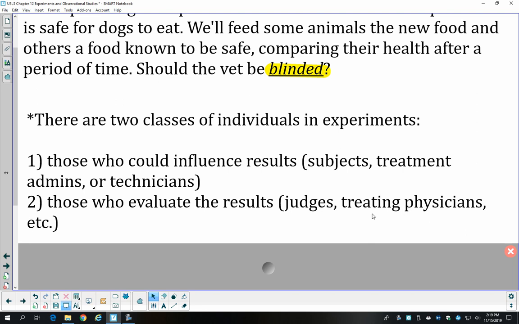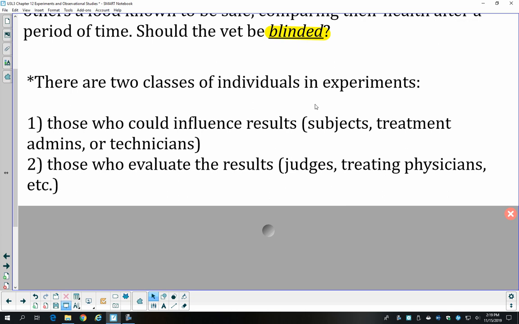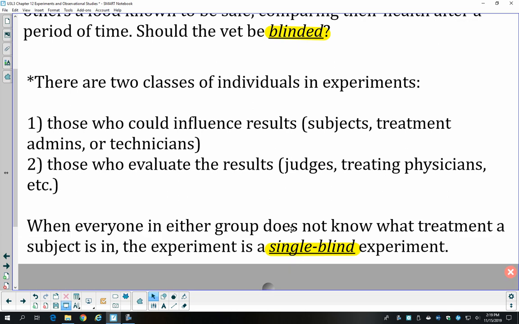And so if everybody in one of these 2 groups doesn't know what treatment you're in, so in this case, the vet, if this was a single blind experiment, the vet wouldn't know which dogs were receiving which food. That's called a single blind experiment. So in this case, we would want the vet to be blinded.